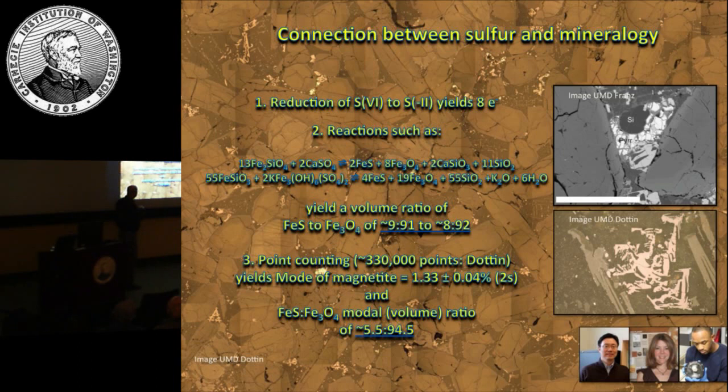Instead, he counted the points of magnetite and pyroxene and looked at the abundances there, which essentially gave him enough statistics to make this determination of the sulfide to magnetite being 5.5, about plus or minus 0.5 at the 2 sigma level, to 94.5 ratio. And the abundance of magnetite is actually pretty well constrained in these sections at about 1.3%, and that's just based on counting statistics.